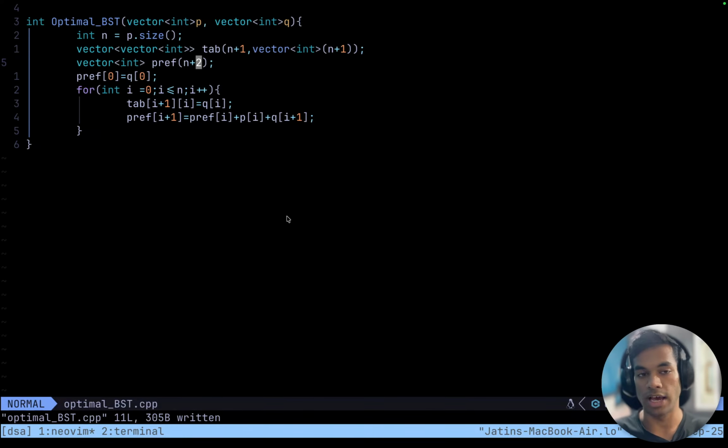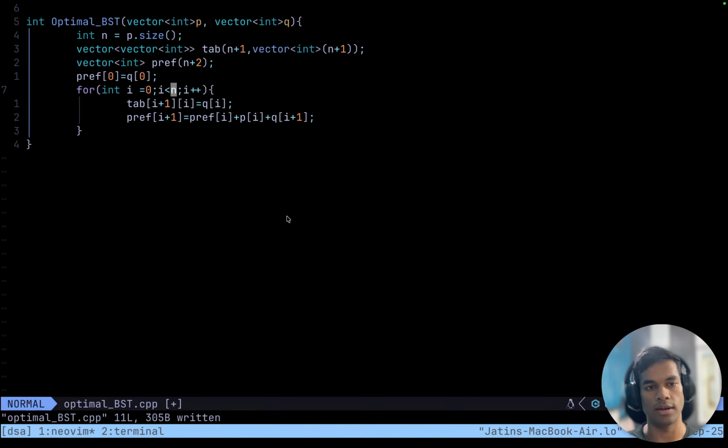So the size becomes n plus 1 and also plus 1 because it is a prefix. So for pref 0, when I'm not choosing any of the nodes, it should be equal to the probability for the first dummy node. And after that, this thing is going to fill in all the values.